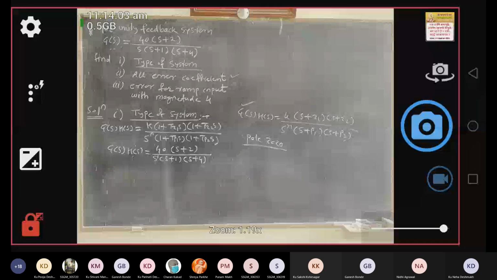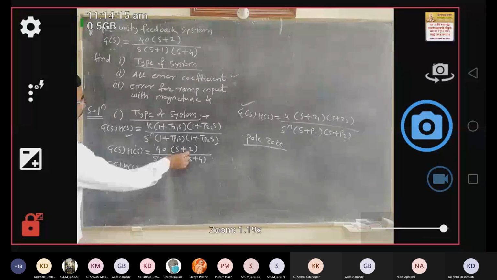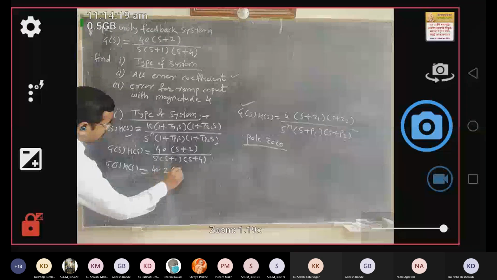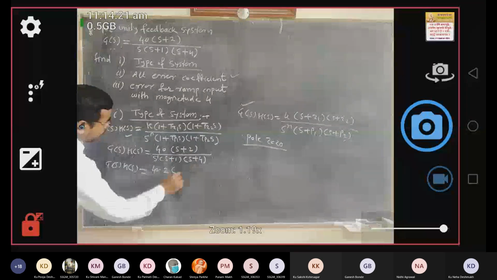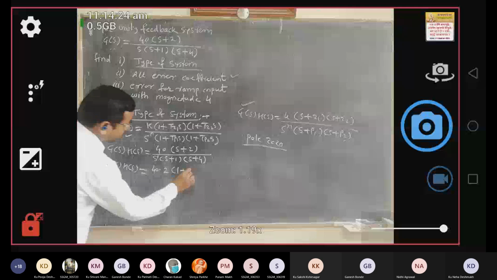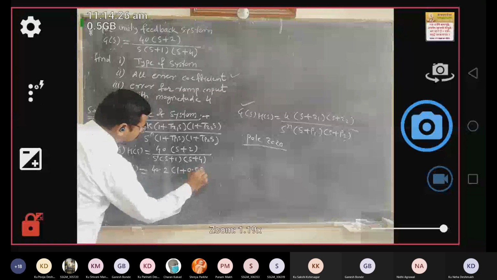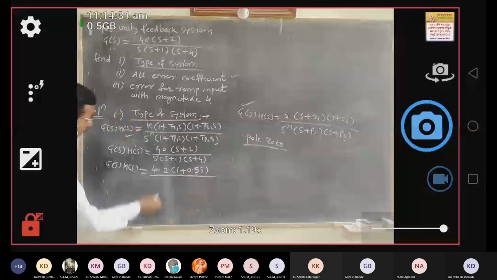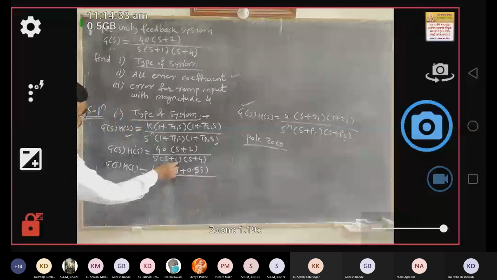Is it clear? So first of all, convert this into time constant form. Here G(s)H(s) equals: we take 2 common from the numerator, so it is 40 into 2, and the numerator becomes 1 + (1/2)s, that is, 1 + 0.5s, upon s. The term (s + 1) is already in 1 + s form.